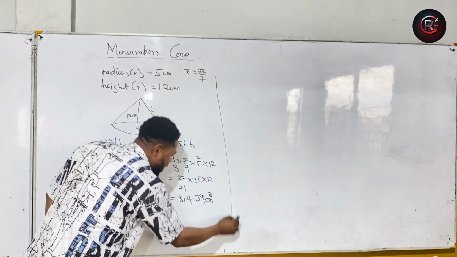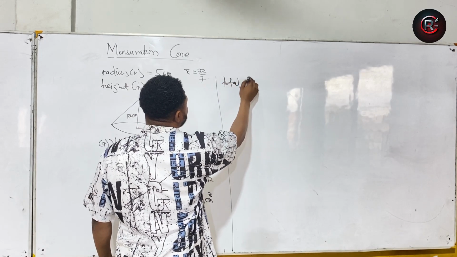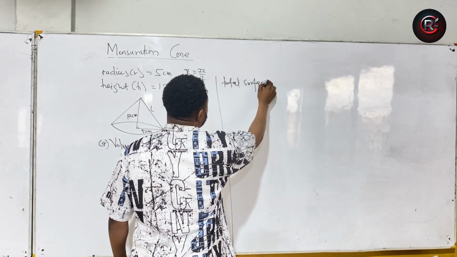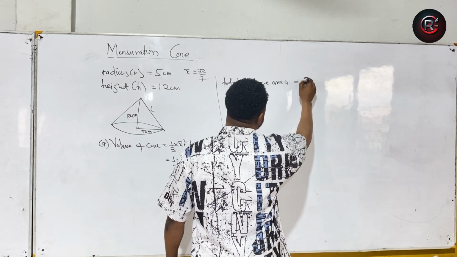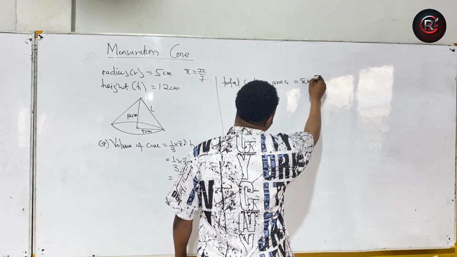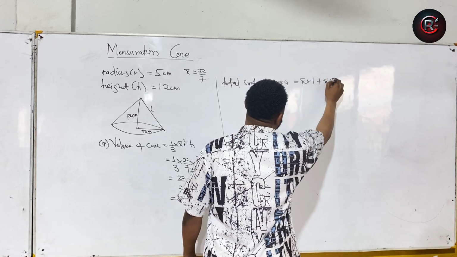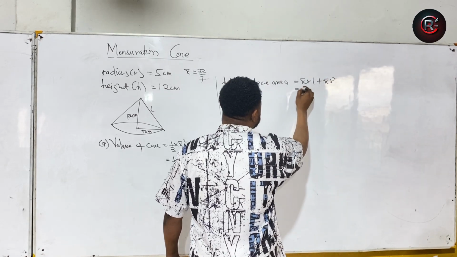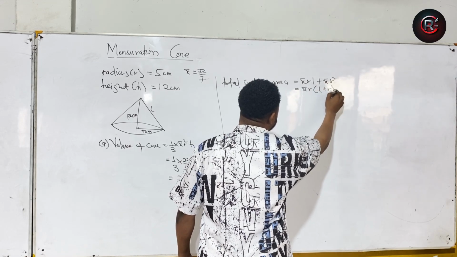Now, the next thing we have been asked is to find the total surface area of the cone. So total surface area of the cone, we studied, is the curved surface area of the cone plus the area of the base. So when we factorize this, we are going to have pi r times L plus r.